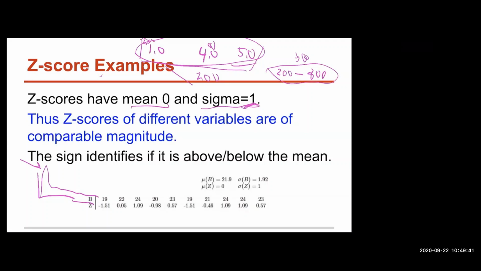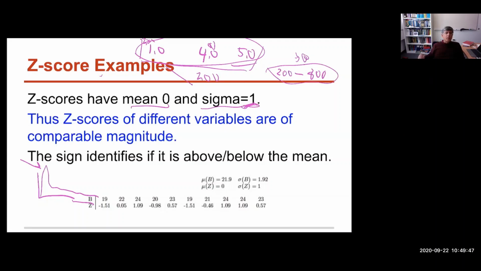So the z-score is still something you can compute on a non-normal distribution. If we did this, probably this is where 0 is going to be, and these are going to be negative values over here. It still tells you something, in that the range is going to be more consistent with other variables, and it'll tell you what's above and below the mean.